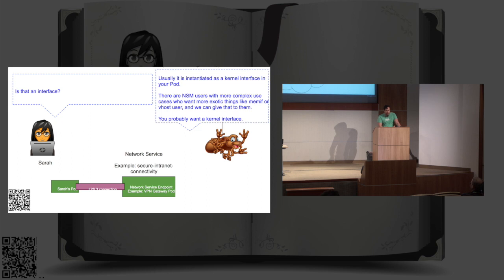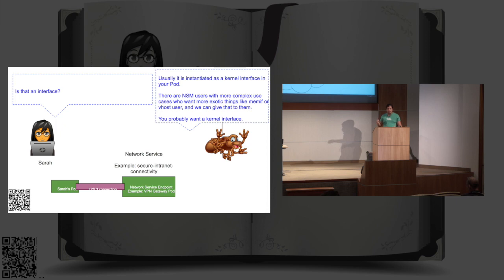The third concept that we have is the connection, and that's the connection between Sarah's pod and the VPN gateway pod. Now, one important thing is that the interface itself is not the major concept, even though we do work with interfaces. Usually, the most common interfaces that you'll see in Kubernetes are kernel interfaces.